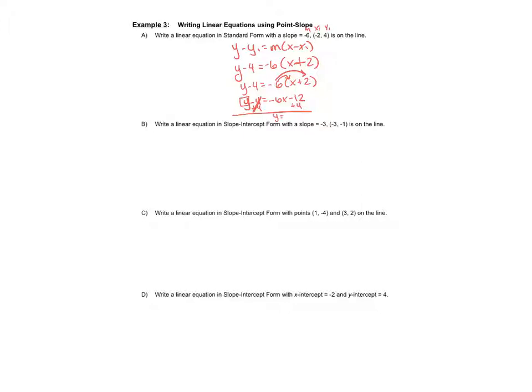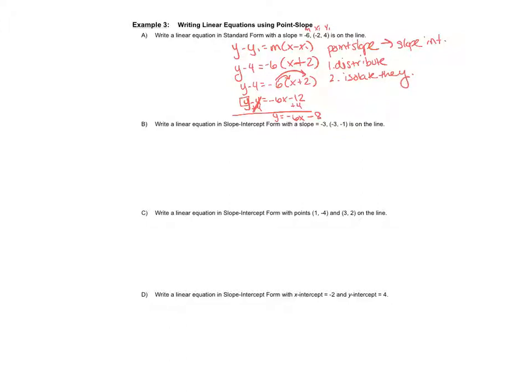So then I end up with y equals negative 6x minus 8. This is now in slope-intercept form. So to go from point slope to slope-intercept, step 1 was distribute, and step 2 was to isolate the y.